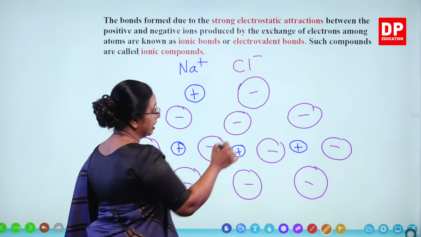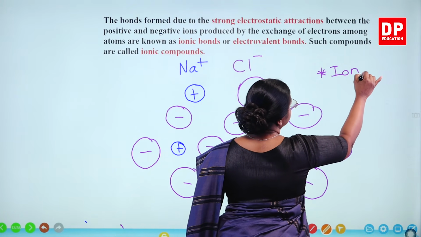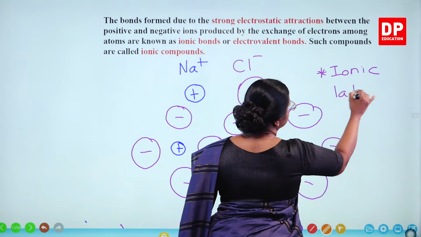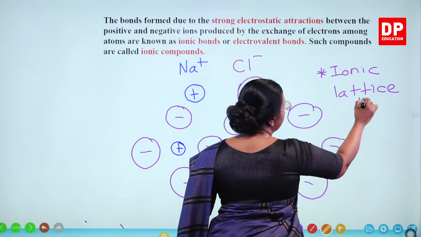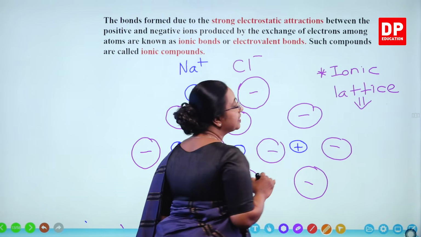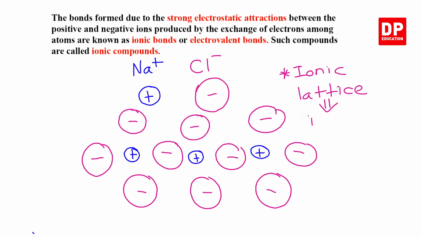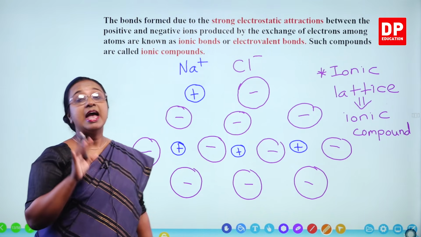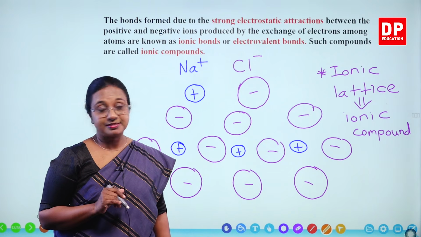And that is known as the ionic lattice. So these ionic lattices are present in ionic compounds. In other words, you can say ionic compounds exist as ionic lattices.